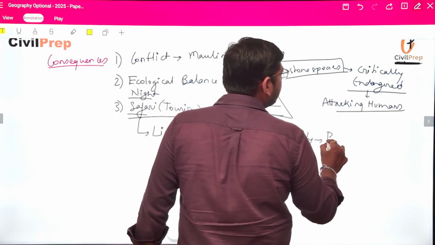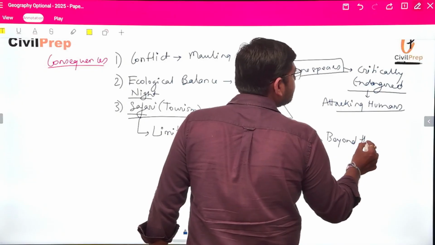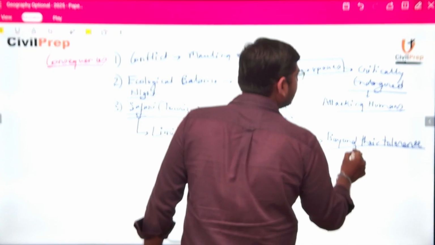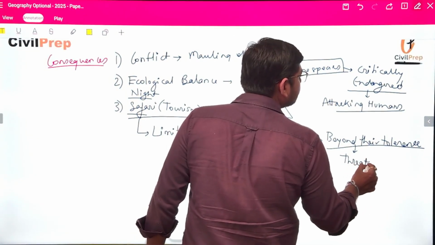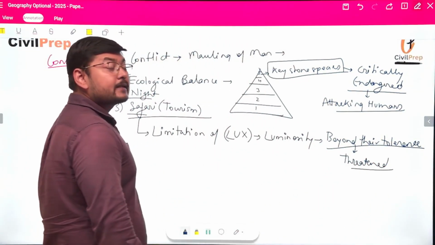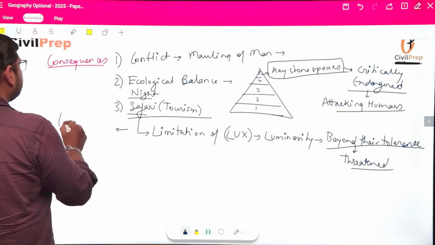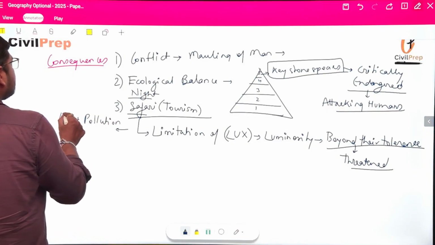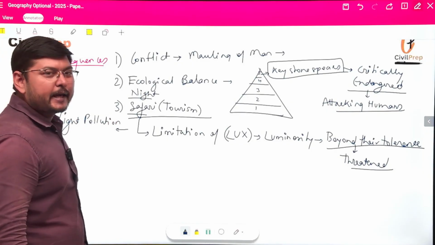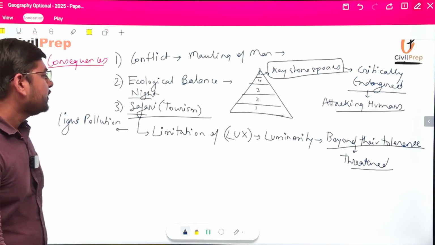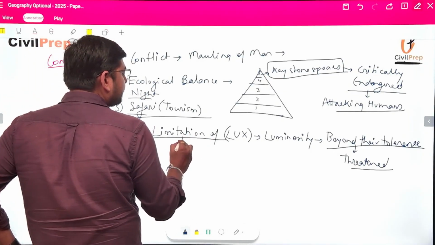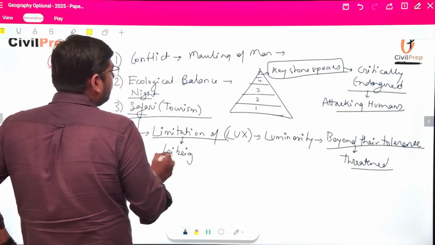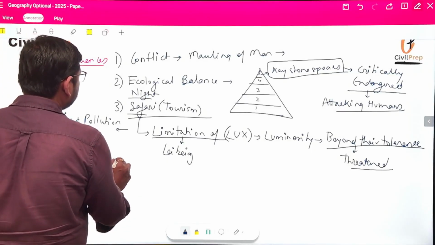When it is beyond their tolerance, they again feel threatened. This acts as light pollution, resulting in man-animal conflict at that particular instance. This limitation is explained very well by Liebig.